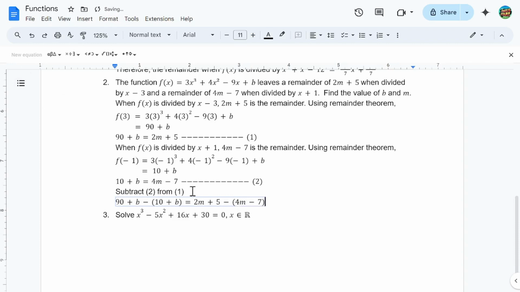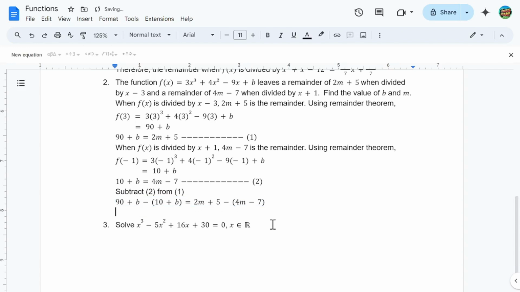So we've got one negative number here, which is negative 2m, but I do not need to worry so much because it's only 1. So we've got 80. There's no b because I subtracted b already. 2m minus 4m will be negative 2m, and 5 minus negative 7 will give you 12. So 80 equals negative 2m plus 12.